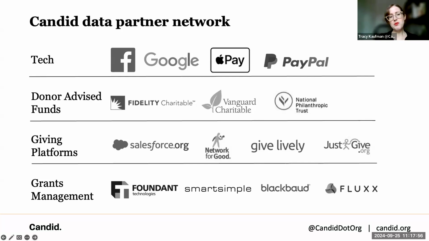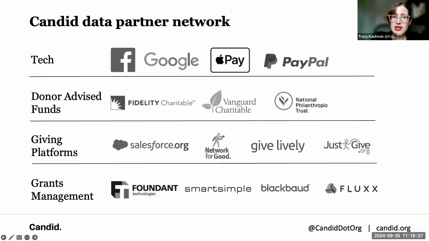So when it comes to a lot of these big tech companies out there, for instance, if you have ever run a Facebook fundraiser, or if you've ever donated to a Facebook fundraiser, all of the information when someone clicks on one of those fundraisers, that blurb that says about this nonprofit, gets pulled from Candid data. It gets pulled from your Candid profile. So all kinds of people are seeing this information, and a ton of money is moving through Facebook fundraisers, among many other places using our data.